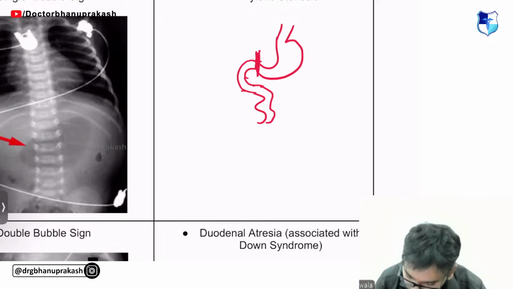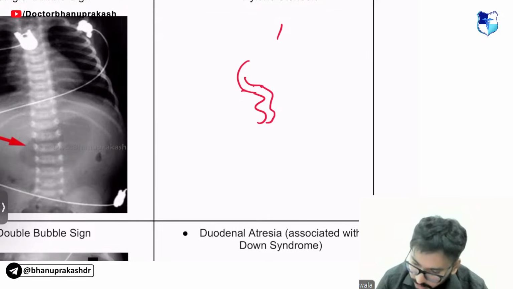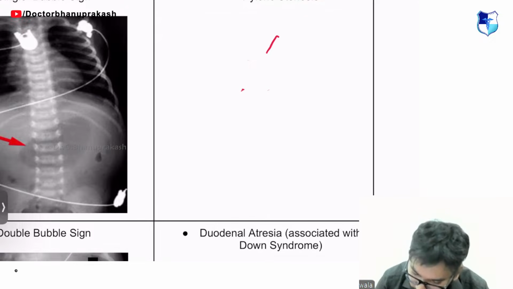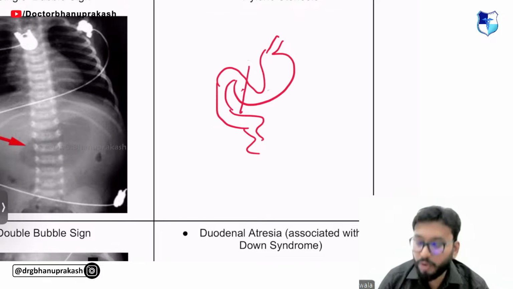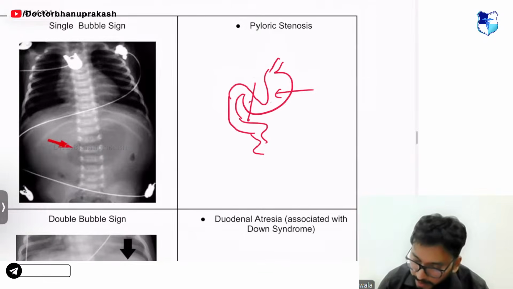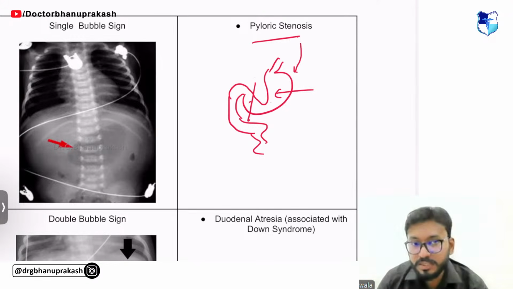So if there is any pathology or block here, you will see only one bubble. Any pyloric problem, any pyloric stenosis will give you only one bubble of the stomach. This is known as your single bubble.